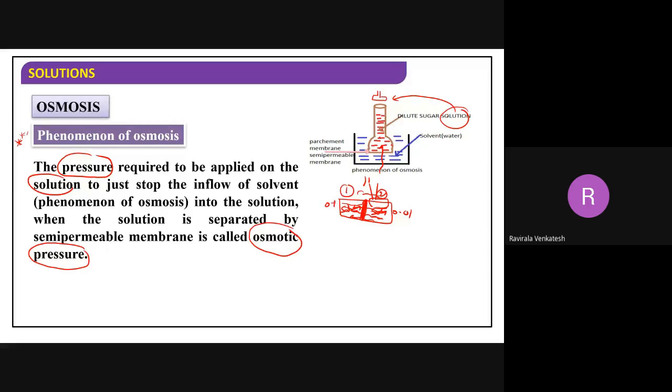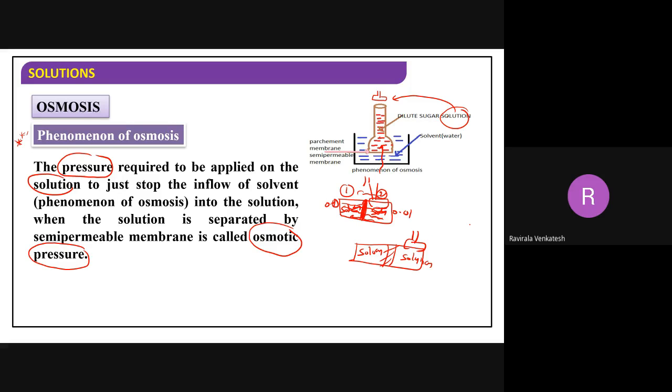Otherwise, for our understanding, you take this one as solvent and this one as a solution. Now we are applying pressure on the solution side in order to prevent the osmosis.